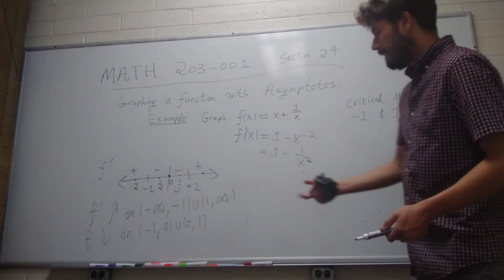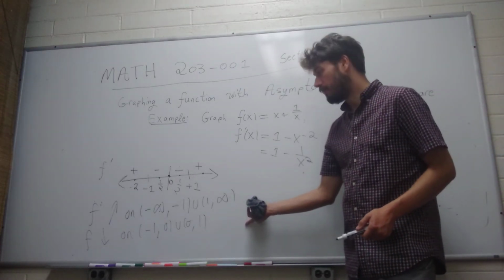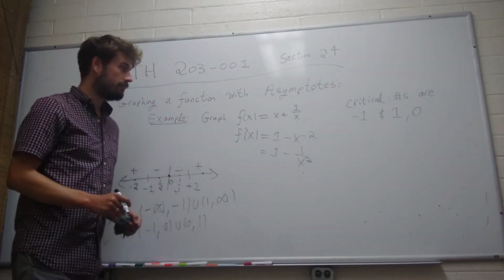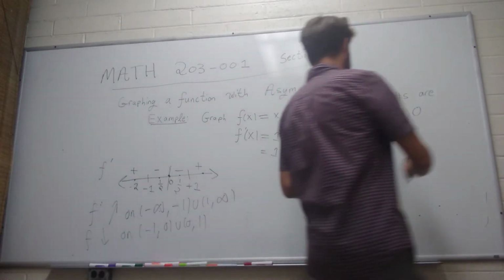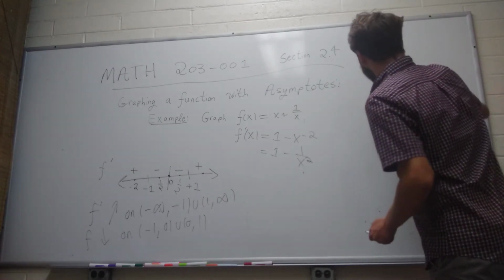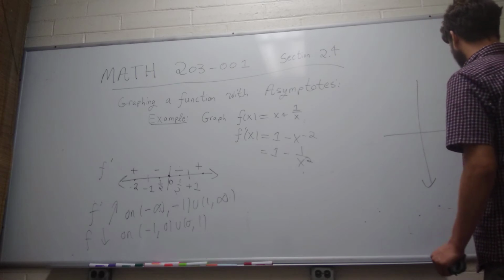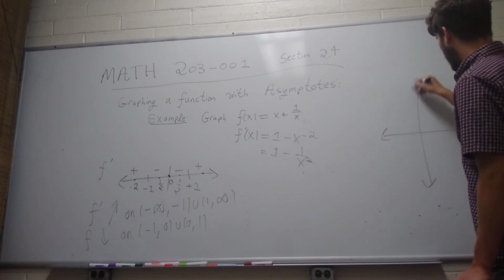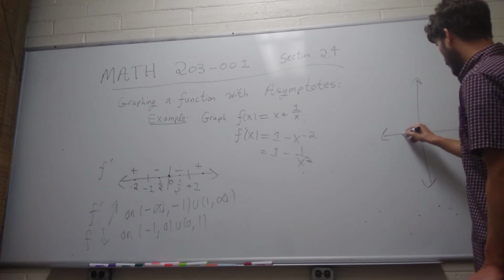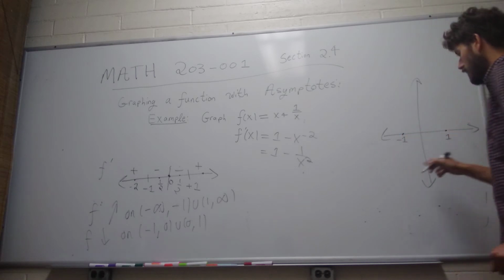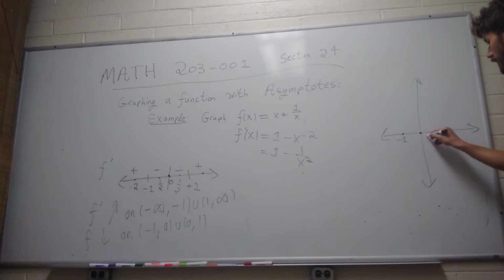So these are two pieces of information we're going to include in the graph. So far, a prototype for a graph is going to look like the following. Negative 1, 0, 1.